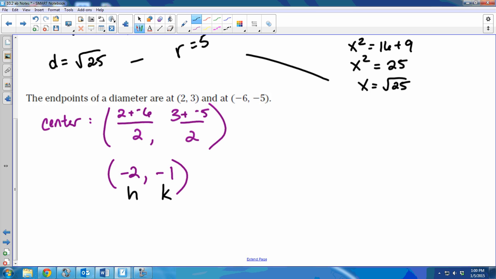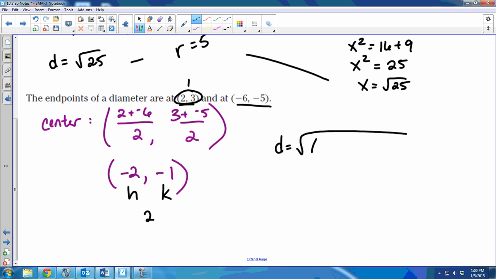So now what am I missing? The radius. The radius is the distance from the center of the circle to one of the points on the circle. So I have 2 to choose from. I'm going to use the positive one because that's nice. So if I want to use the distance formula, I've got the square root of, I'm going to use the center as my second one.